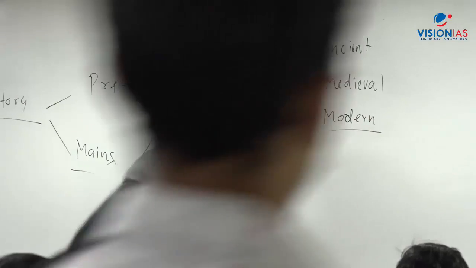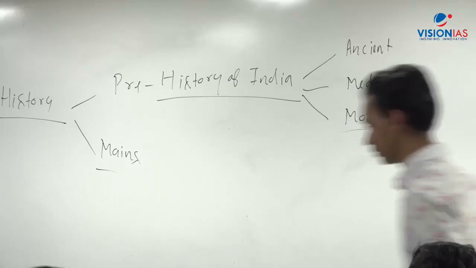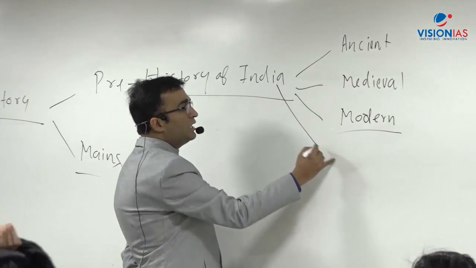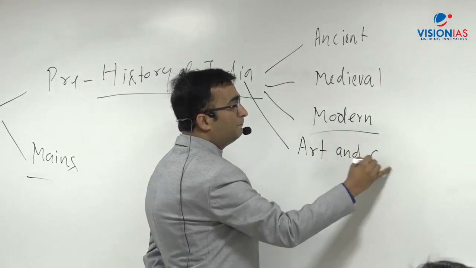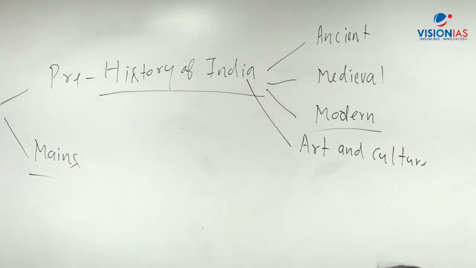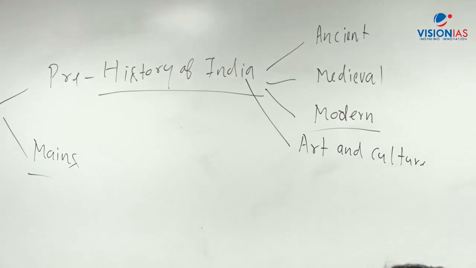Moreover, history of India also includes the culture of India, so another associated topic is art and culture. This is specifically what you need to prepare for the prelims examination.